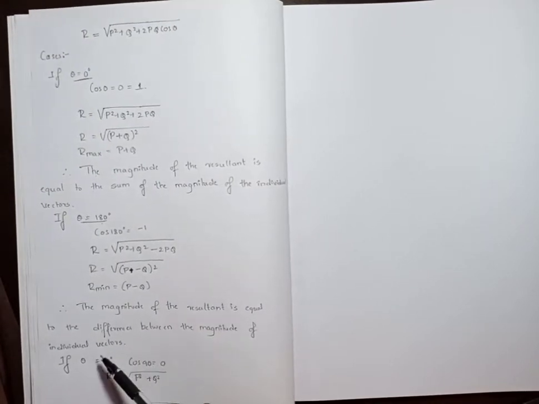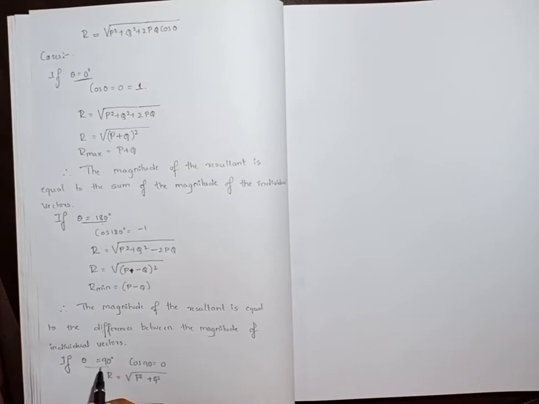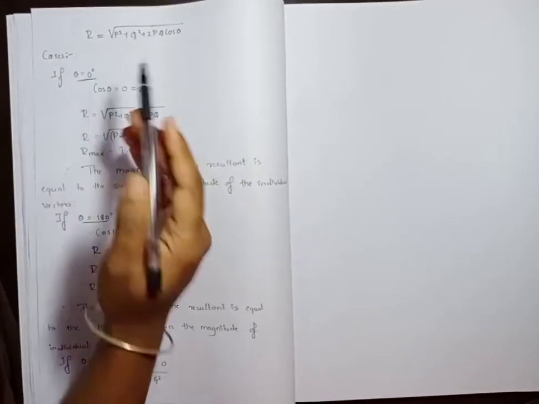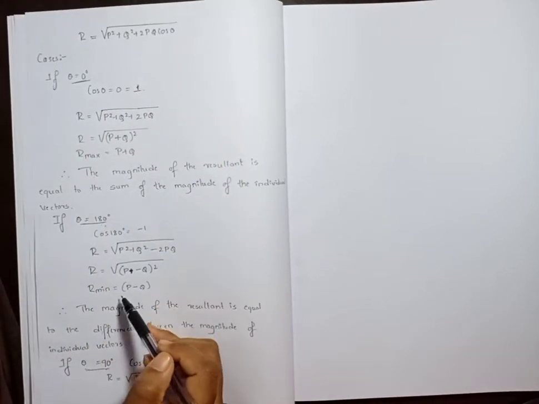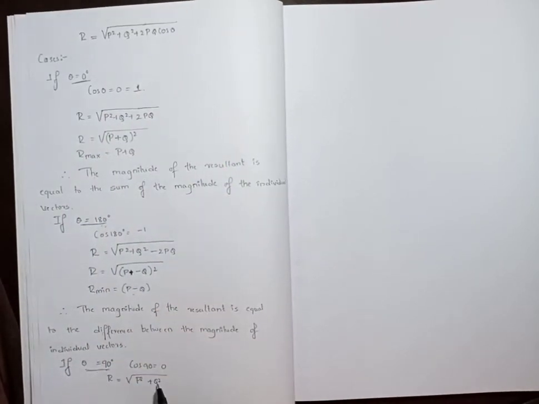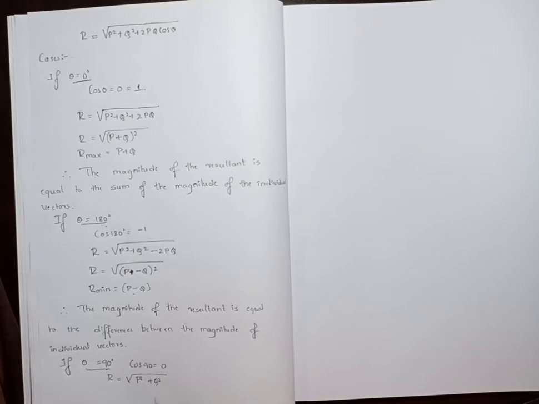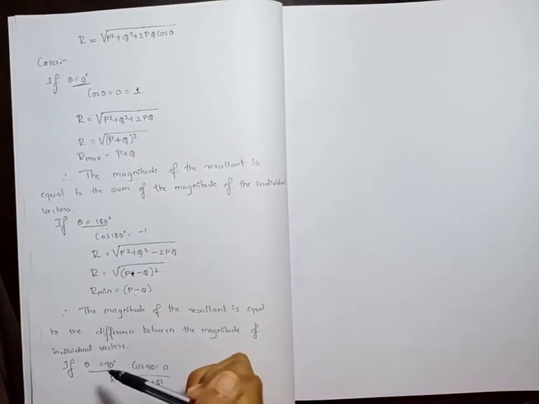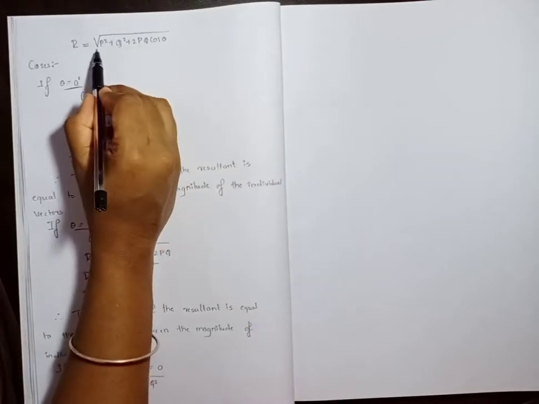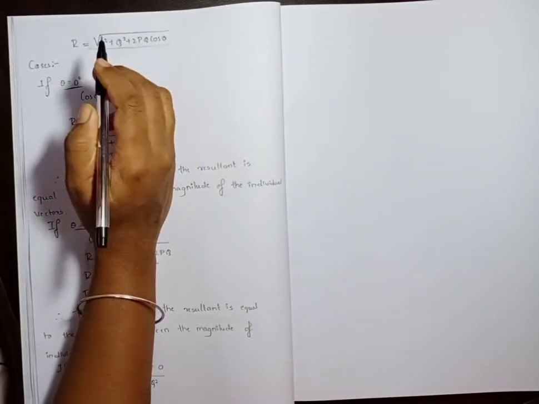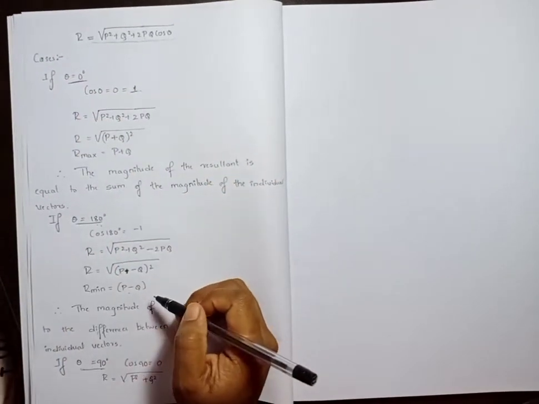So these are the three cases. When theta is 0 degrees, what happens to this equation? When theta is 180 degrees, what happens? And when theta is 90 degrees, what happens? These are the three cases we have to discuss after the derivation of this equation. Hope this is clear for you.